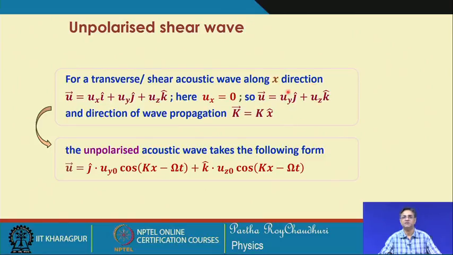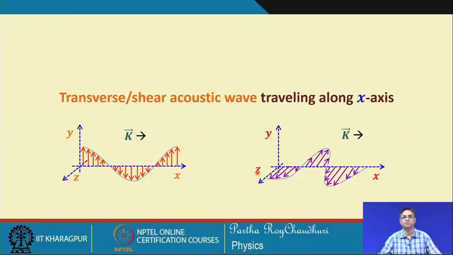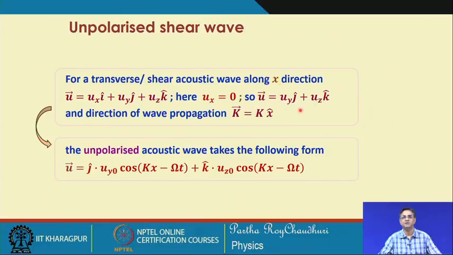Of course, this means that the wave is now unpolarized, because both the polarizations are existing. So, for an unpolarized shear wave, we can write u, the amplitude of the deformation, and the direction of the wave propagation is along x. So, we will use this in the wave equation, in the equation of the acoustic wave.